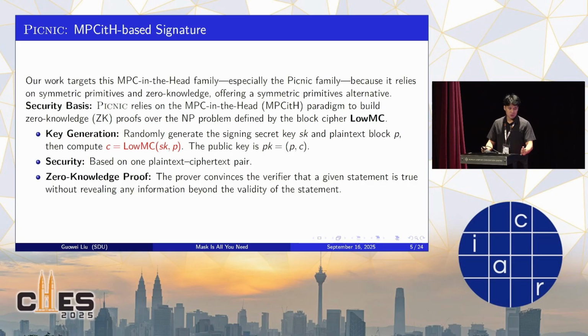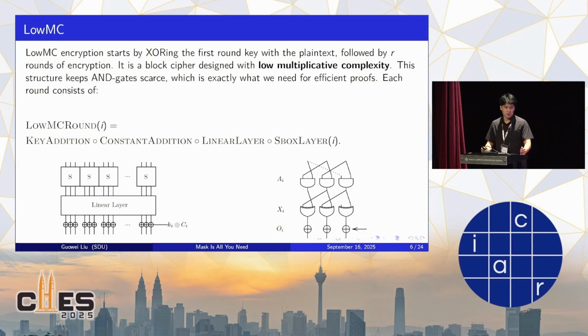In zero-knowledge proofs, the prover convinces the verifier that a given statement is true without revealing any information beyond the validity of the statement. For the one-way function, LowMC encryption starts by XORing the first round key with the plaintext, followed by R rounds of encryption. It's a block cipher designed with low multiplicative complexity, and this structure keeps few AND gates, which is exactly what we need for efficient proofs.